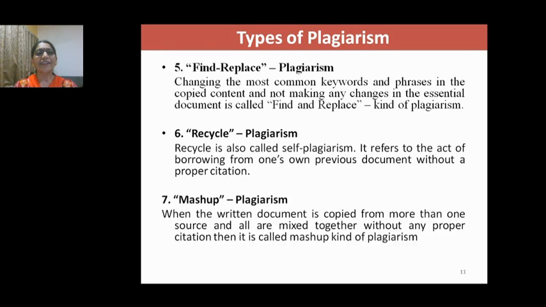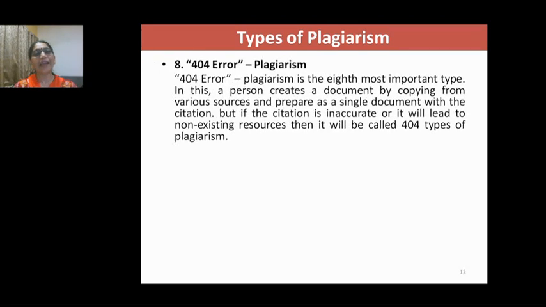The next, the 7th type of plagiarism, is mashup. When the written document is copied from more than one source and all are mixed together without any proper citation, then it is called mashup kind of plagiarism. Then the 8th type of plagiarism is the 404 error. This is a very important type.